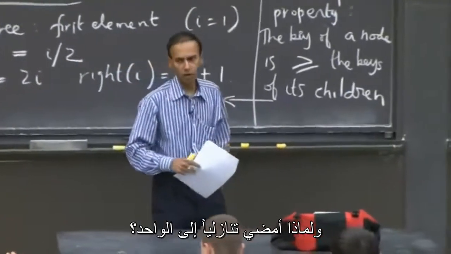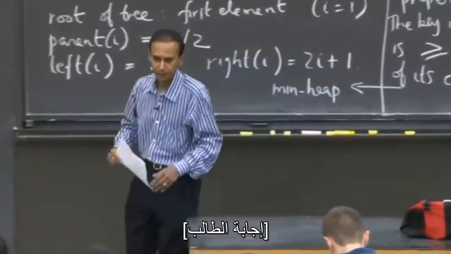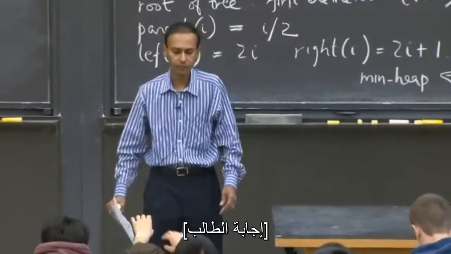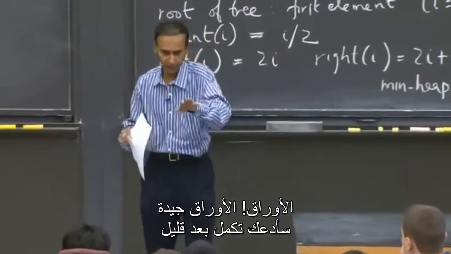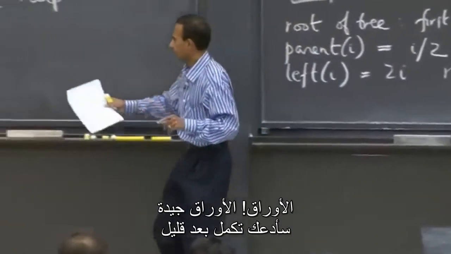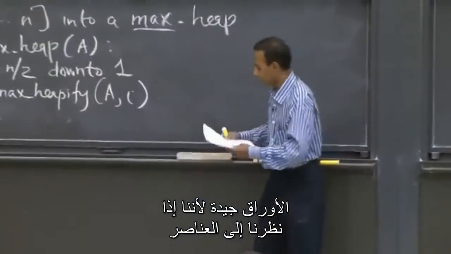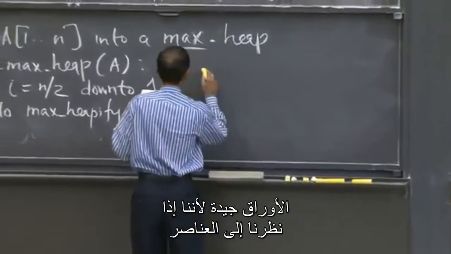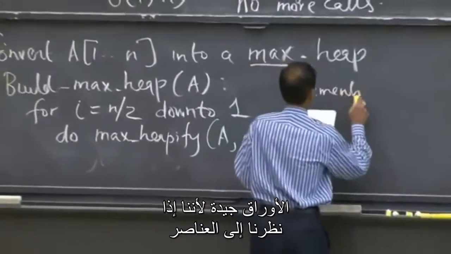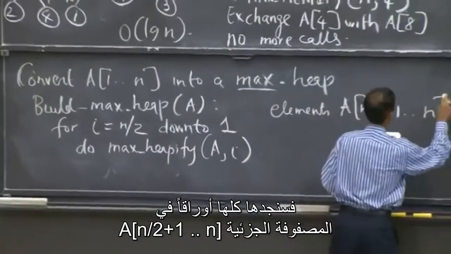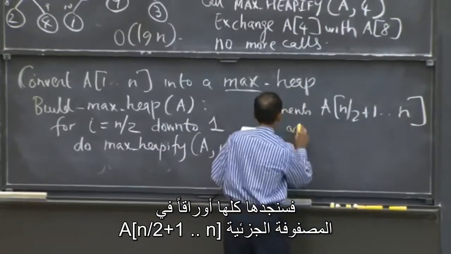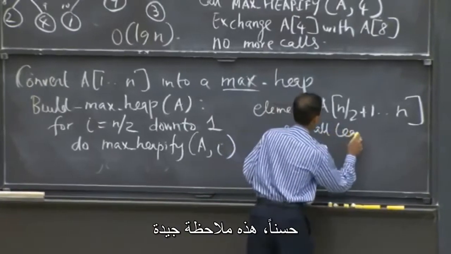So someone explain to me why I can start with n over 2 and why I'm going down to 1. Leaves are good, because if you look at elements A of n over 2 plus 1 through n, they are all leaves.